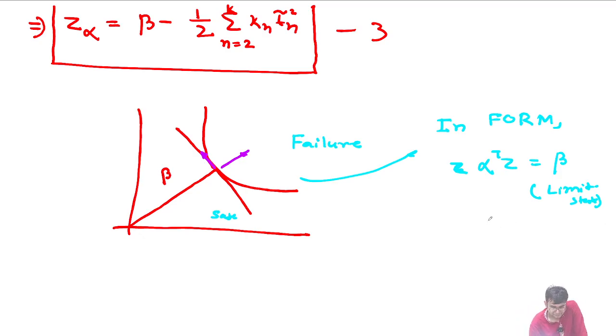Now, as correctly pointed out, alpha transpose Z greater than beta means that point is on the other side of the curve. That's why when you are projecting, you are getting a value. That will be your failure.